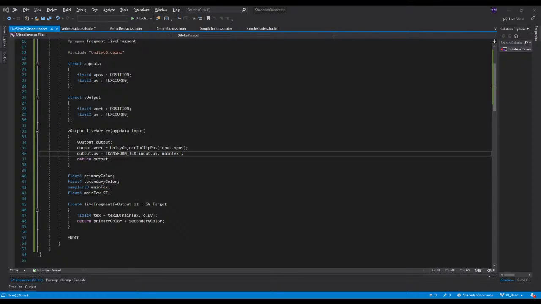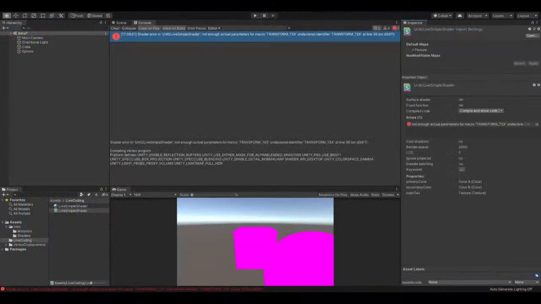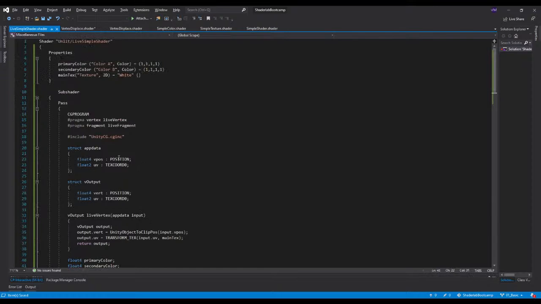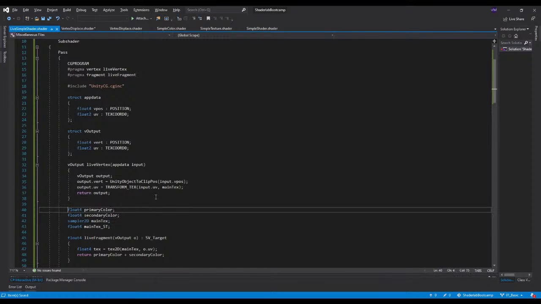now there is one more thing which is wrong that I'm deliberately going to show. Here we go. It says undeclared identifier main text underscore st. Now we are providing the main text here, but where is the scaling and tiling of it? It's not there. Which means always remember that even if you define these variables here, the order should be correct.